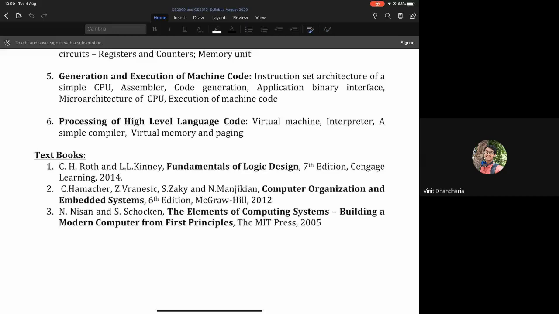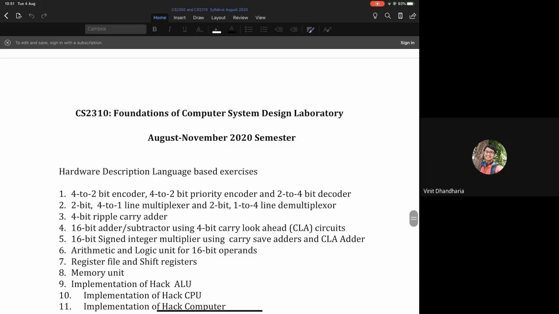All the arithmetic circuit design will be covered in this book by Hemachandra, and some parts in the last two modules, that's modules 5 and 6, will be taken from book 3, The Elements of Computing Systems. This third book will also be used for the laboratory part. We'll discuss the laboratory exercises in next Monday's class, but this document has the list of lab exercises that we planned for this laboratory course.